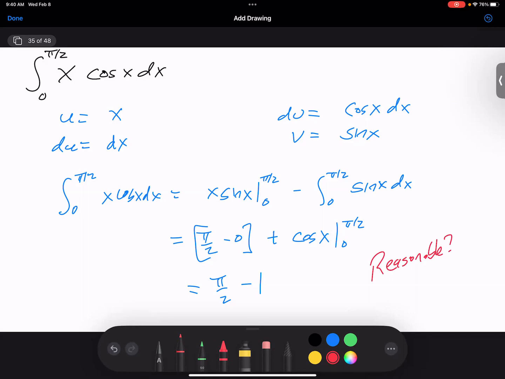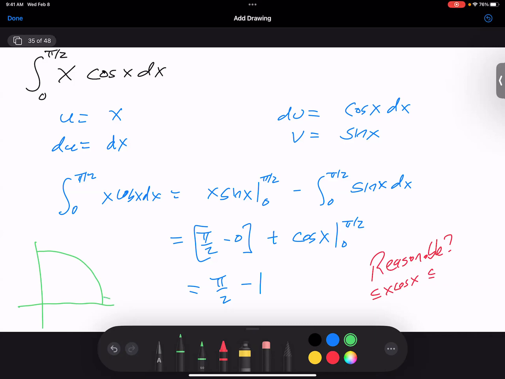What can you tell me about the function x cosine of x between 0 and pi halves? In the interval from 0 to pi halves, what's true about x cosine of x? Can somebody give me a lower bound for that function? So if you think back to the circle, we're in the first quadrant.